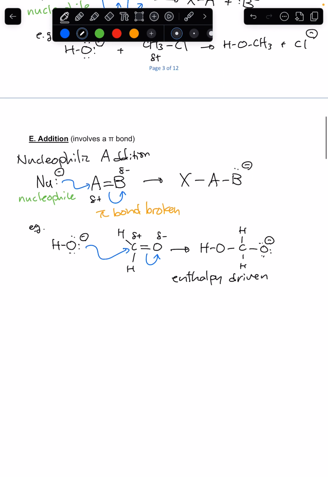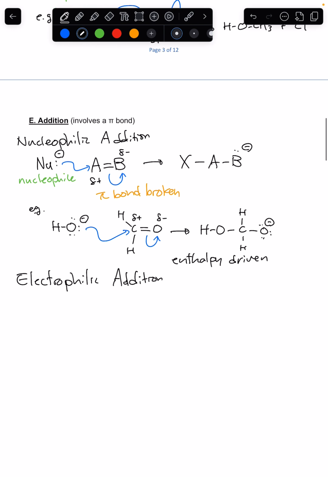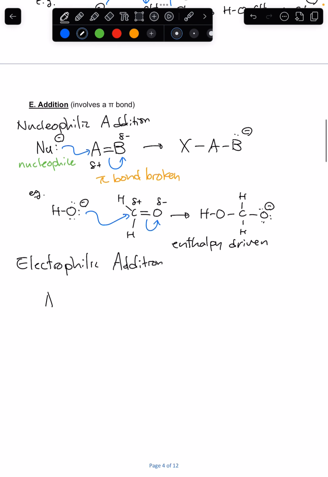And the last flavor of addition reaction is the electrophilic addition. And what that would look like is if you have this very electrophilic cation Y, let's say that this is an electrophile.